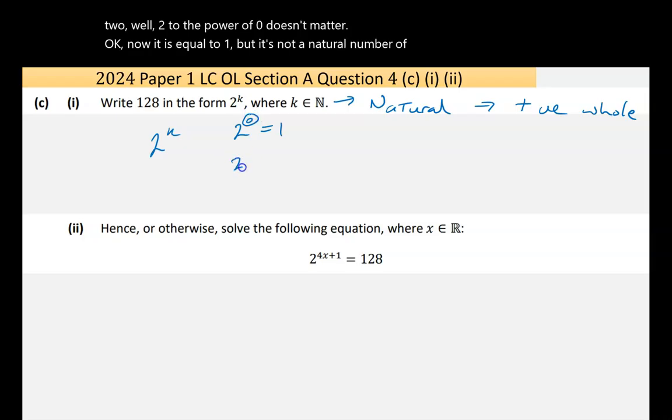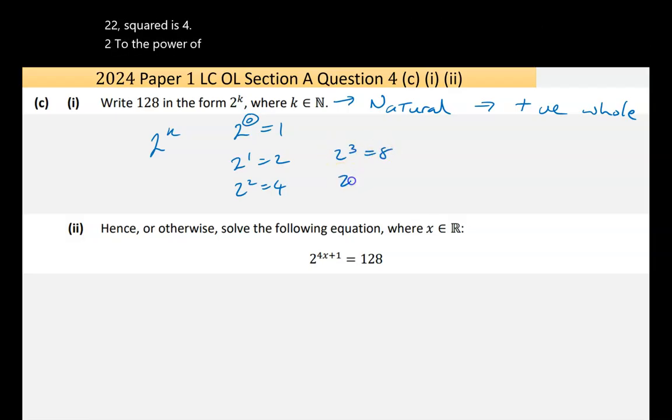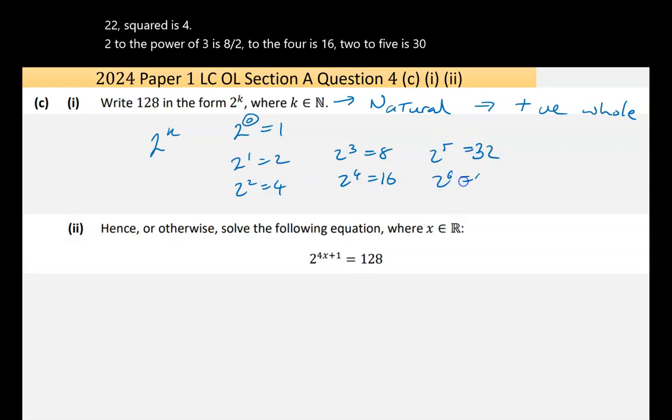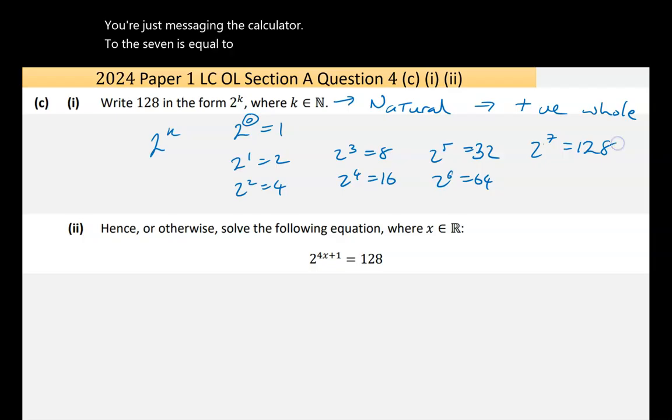So 2 to the power of 1 is 2, 2 squared is 4, 2 to the power of 3 is 8, 2 to the 4 is 16, 2 to the 5 is 32, 2 to the 6 is 64. You can just type it into the calculator. 2 to the 7 is equal to 128. And that's our answer. So k is equal to 7.